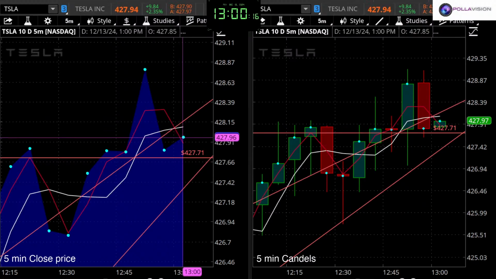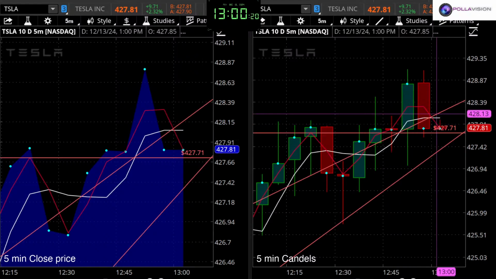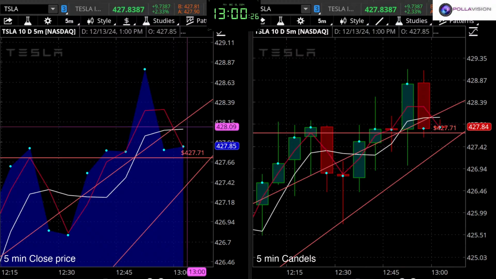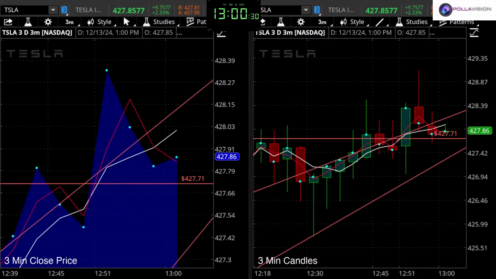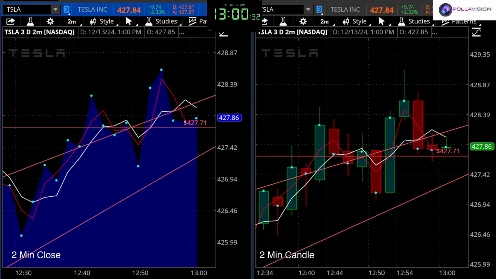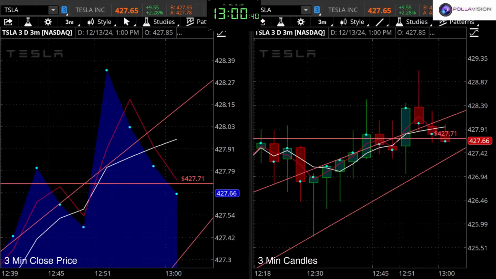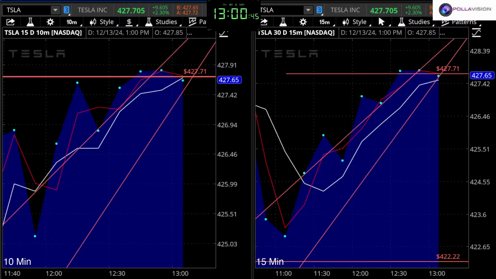The price is now above the 2. Could zoom in and move around, see what's happening. The 3 is positive, the 2 is positive, the 5 isn't gonna make it.